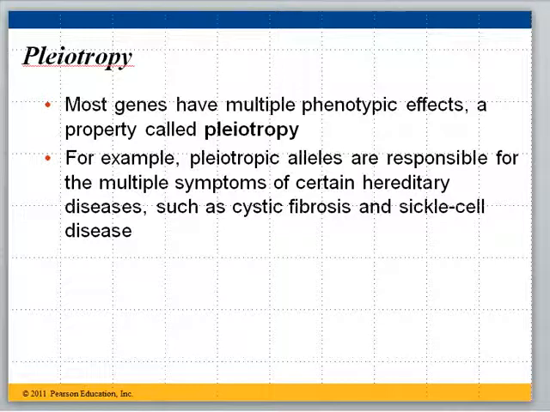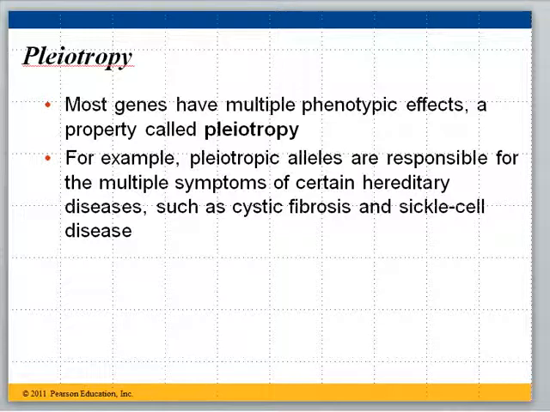For example, the gene that determines flower color in peas also affects the color of the coating of the outer surface of the seed, which can be gray or white. So in pleiotropy, one gene actually has multiple effects and affects multiple phenotypes that we see.